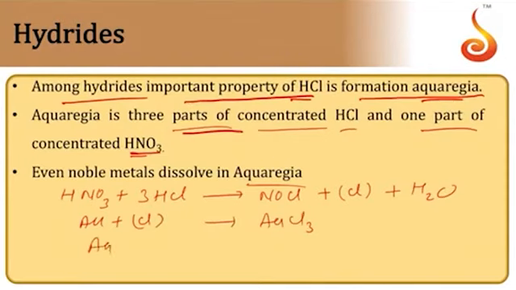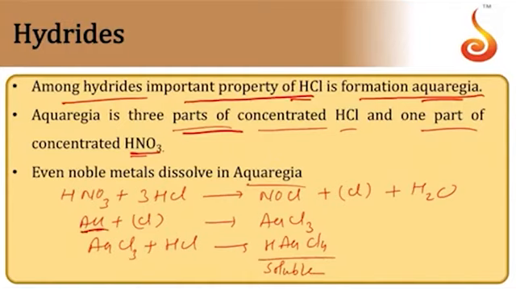This auric chloride starts dissolving in HCl and forms HAuCl4. It is a water soluble one. This is completely soluble, so gold will dissolve in aqua regia because of the formation of HAuCl4.